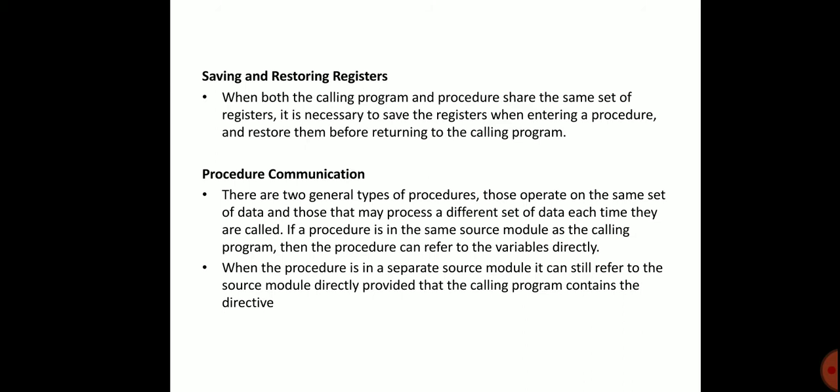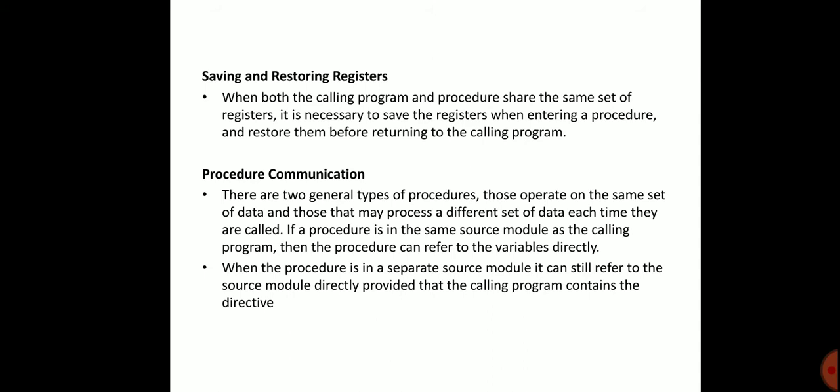Now, saving and restoring registers. When both the calling program and procedure share the same set of registers, it is necessary to save the registers when entering a procedure and restore them before returning to the calling program.